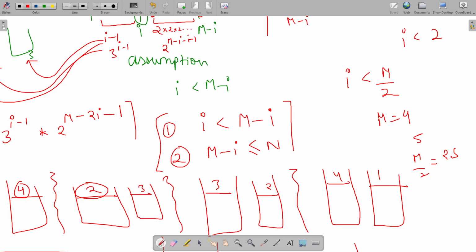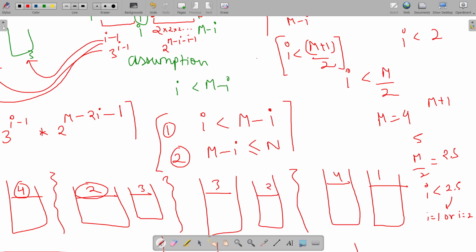So I will actually be less than 2.5. That means I can be equal to 1 or I can be equal to 2. So for the odd case, it will be m plus 1. So instead of writing it like this, you can write it like I will be less than m plus 1 by 2. This will work. Otherwise, you can handle the case separately for odd numbers.